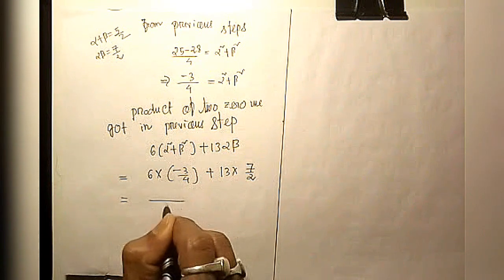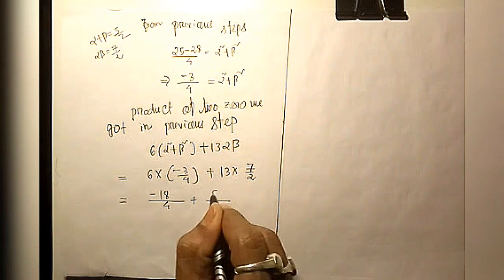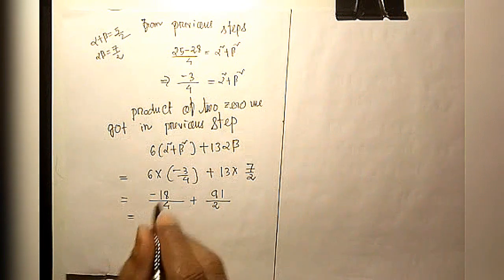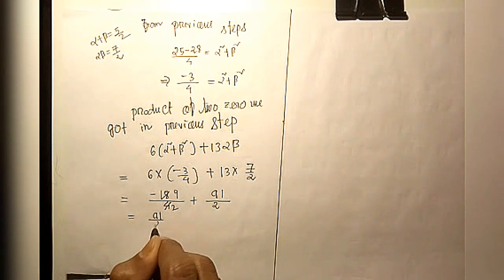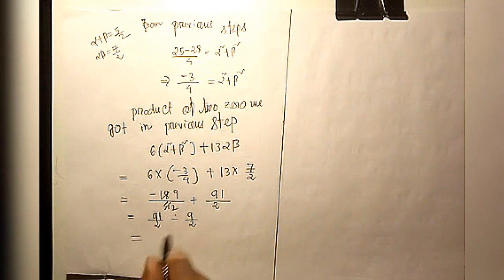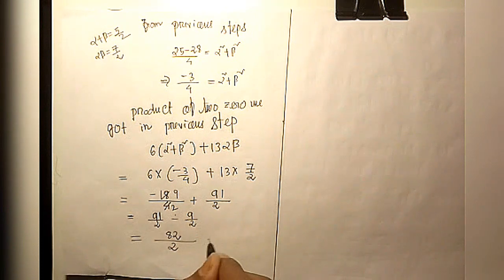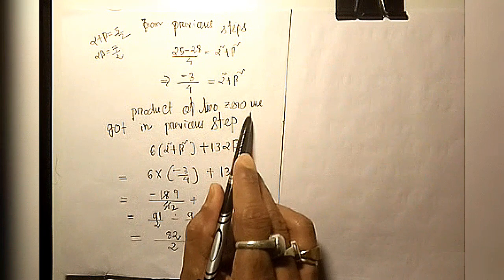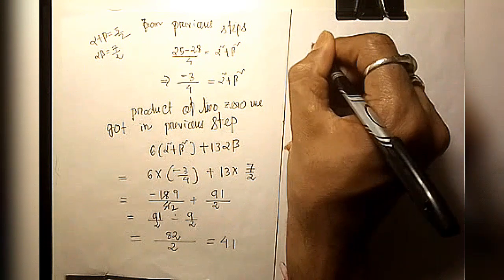So 6 into minus 3 by 4, that is minus 18 by 4, plus 13 into 7, 91 by 2. 4 and 18 cancel, giving minus 9 by 2 plus 91 by 2. Taking the LCM, 91 minus 9 is 82 by 2, which equals 41. So the product of the two zeros we get is 41.